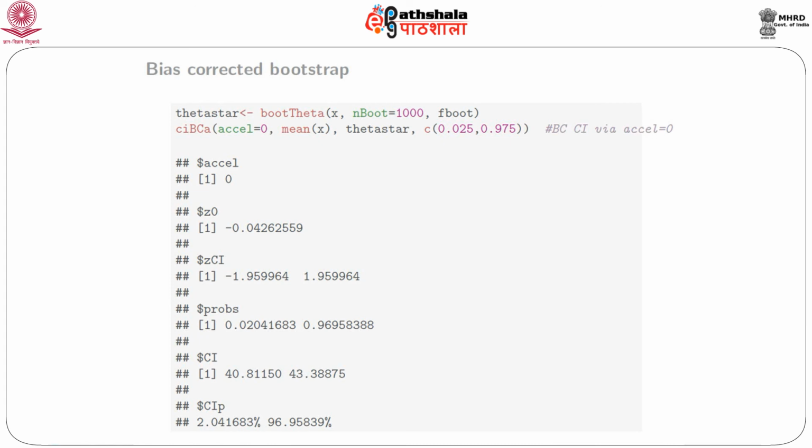Then we use CI.BCa, our bias corrected accelerated confidence interval formula, and put acceleration equal to 0, which means we are only going for the bias corrected interval, for mean of x, theta star, and c(0.025, 0.975). That is the probability at which we want the bias corrected confidence interval, with acceleration set at 0.